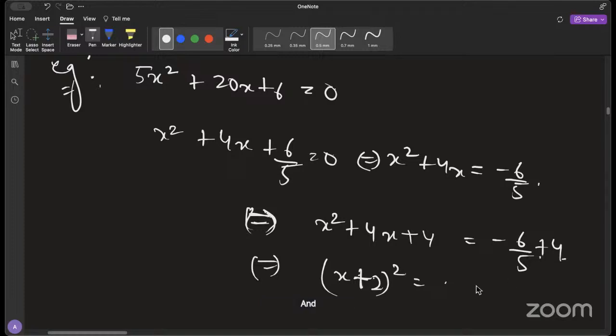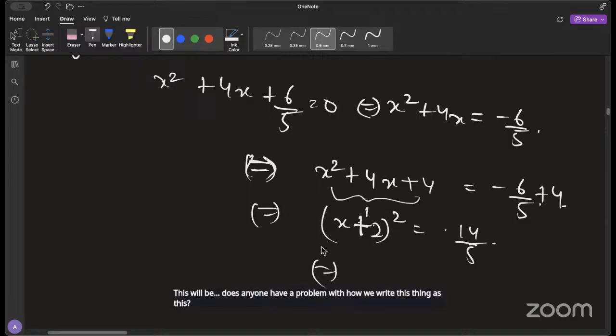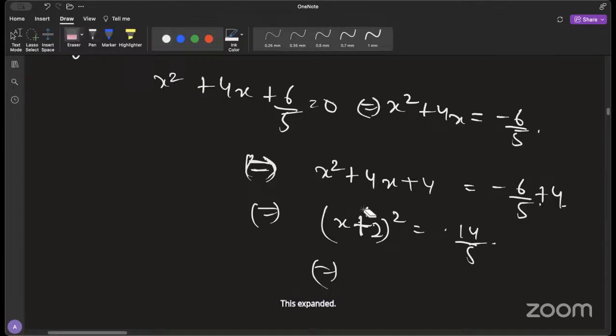And this becomes 20 minus 6, which is 14 by 5. And then you can solve this, right? Does anyone have a problem with how we write this as x plus 2 whole squared? Anyone who's not familiar with this? No, ma'am. Okay.